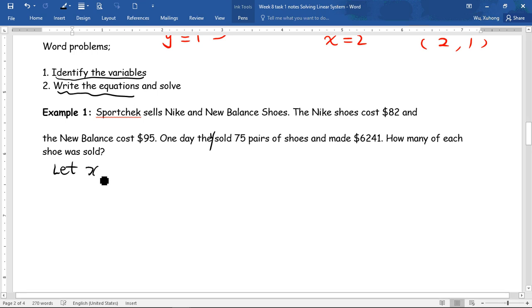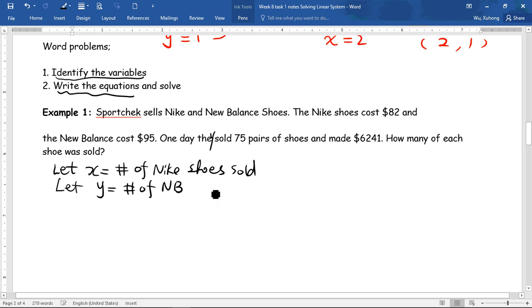Let x equals number of Nike shoes sold. And let y represent the number of New Balance shoes sold. Okay. If we could find the x and y value, then we have answered these two questions.